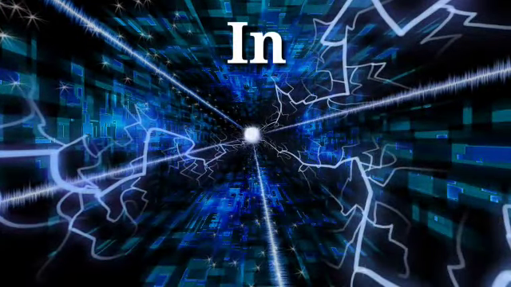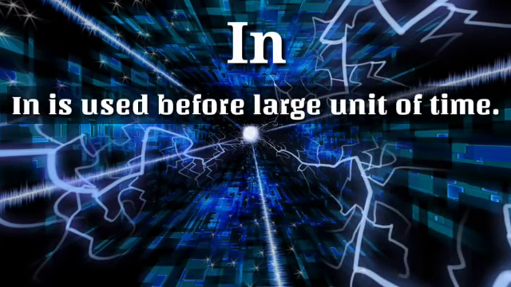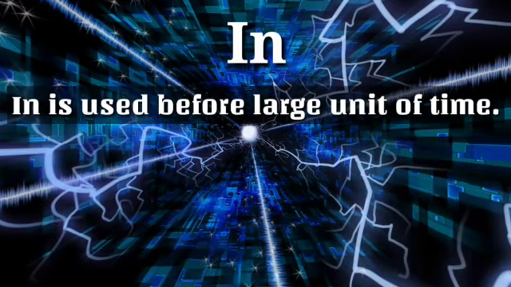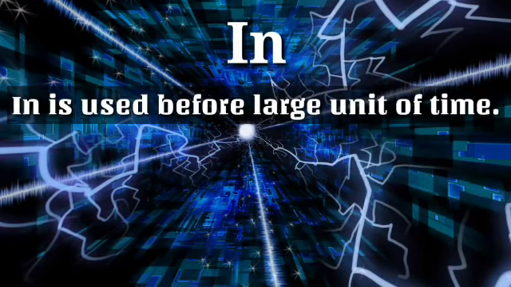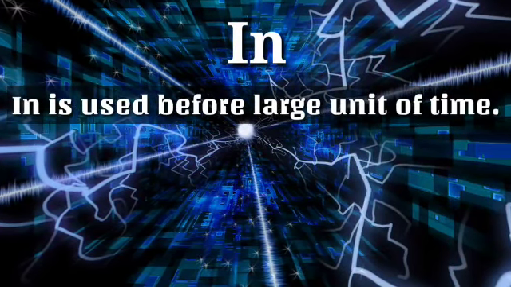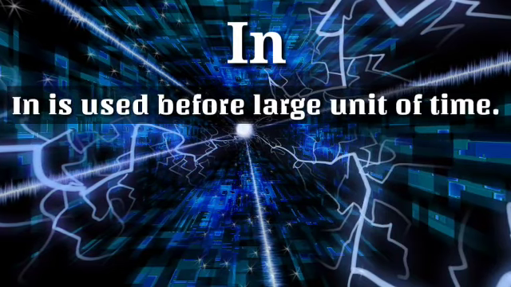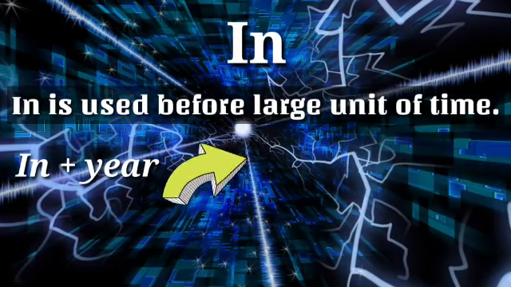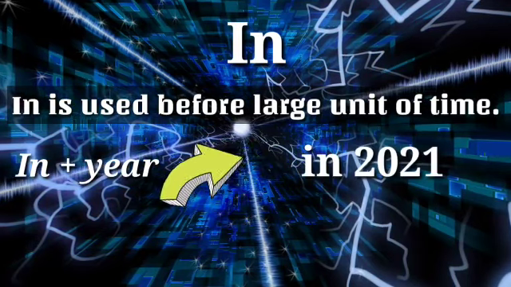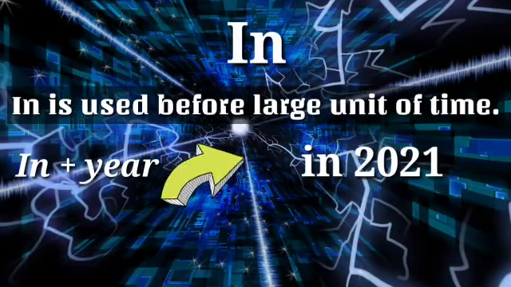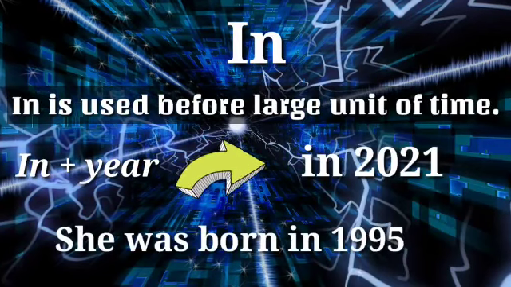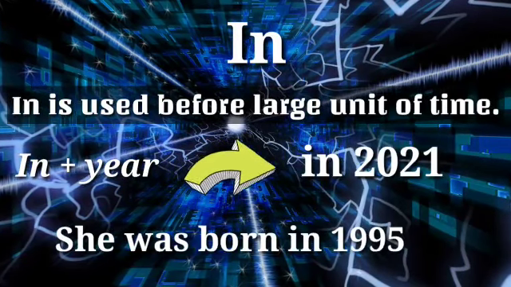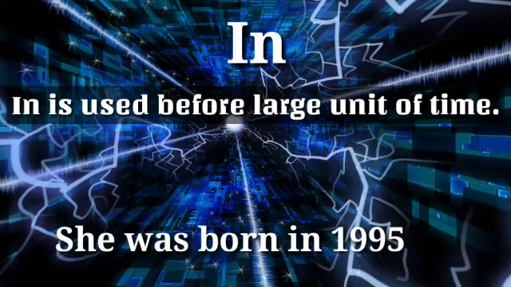In is used before a large unit of time. Jadi, in digunakan untuk waktu yang luas atau yang lebih lama. In is for a period of time. In plus year: in 2021, in 1991, and etc. An example in a sentence: she was born in 1995.